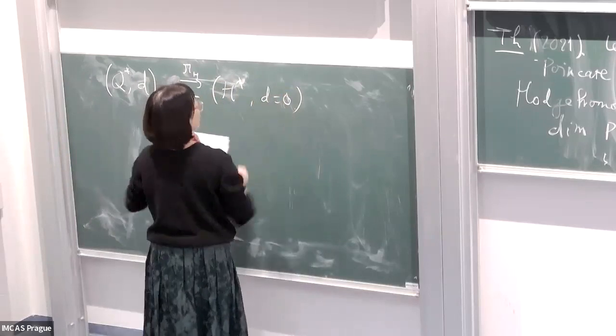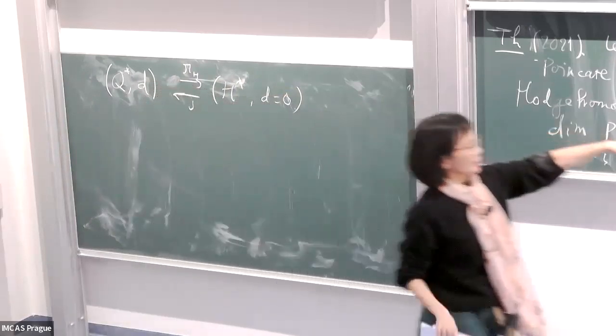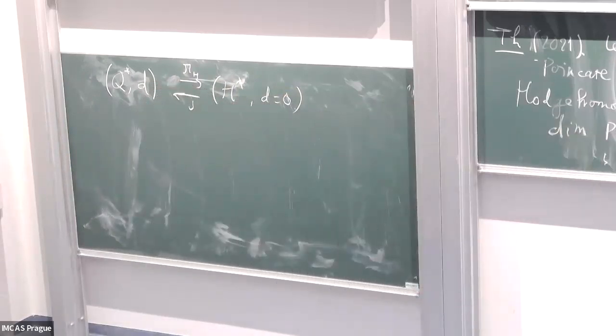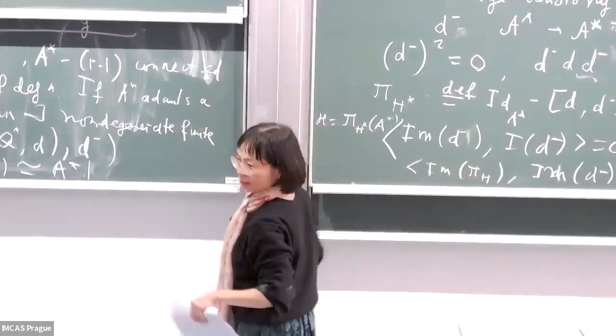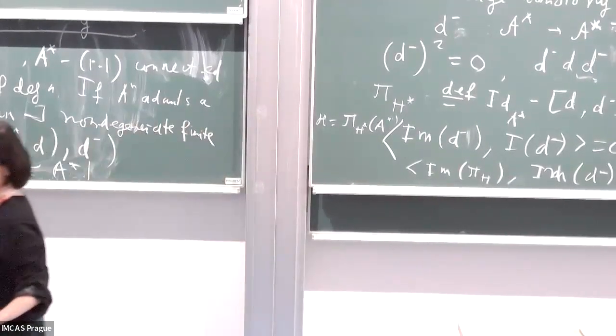H is the projection of this operator, so the harmonic element is P H of A. The Hodge homotopy defines the harmonic space uniquely.